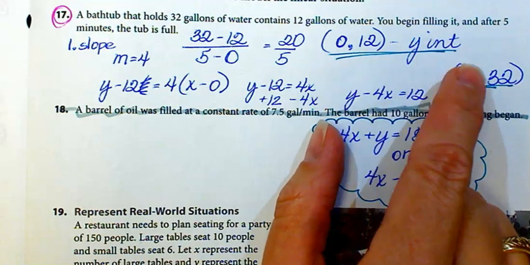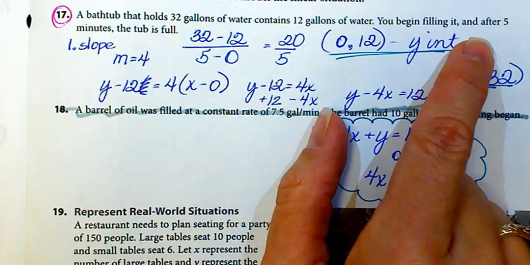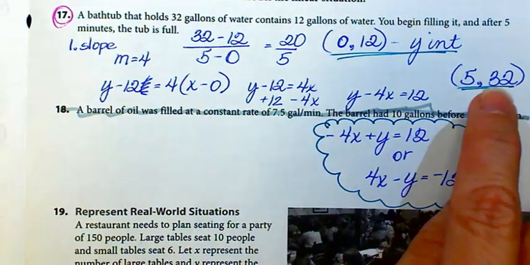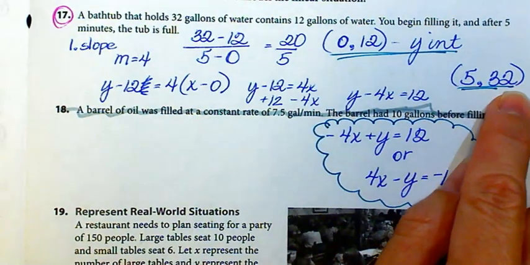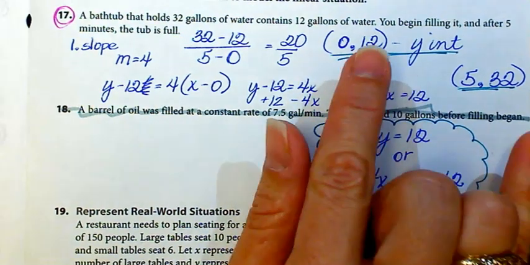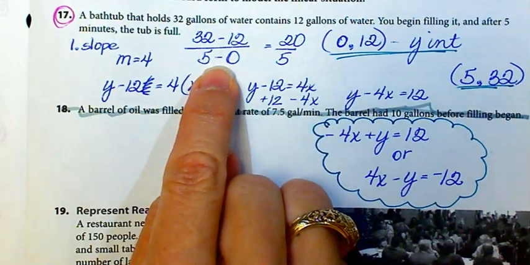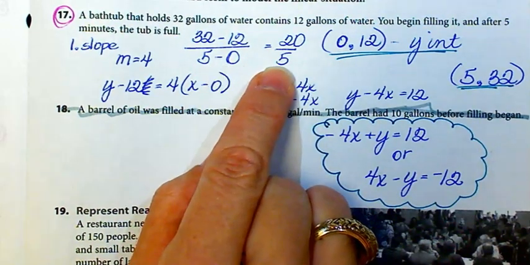And then you begin filling it, and after 5 minutes, the tub is full. So you have another point. At 5 minutes, you have 32 gallons. At 0 minutes, you had 12 gallons. So you actually have 2 points from the reading. I can generate my slope, and my slope is 4.